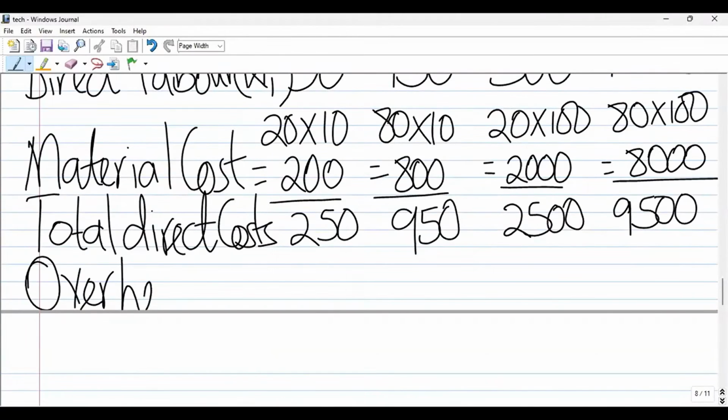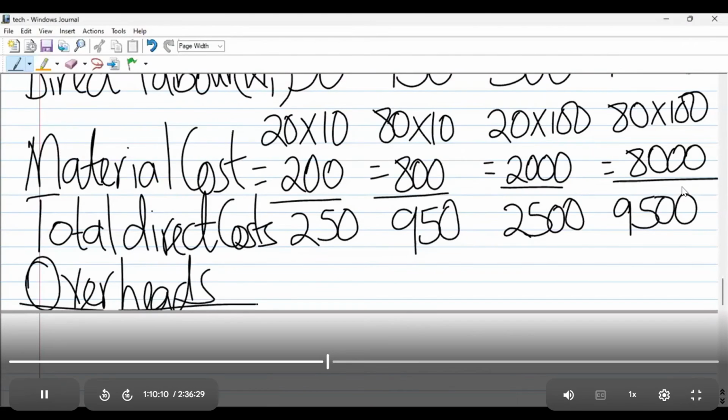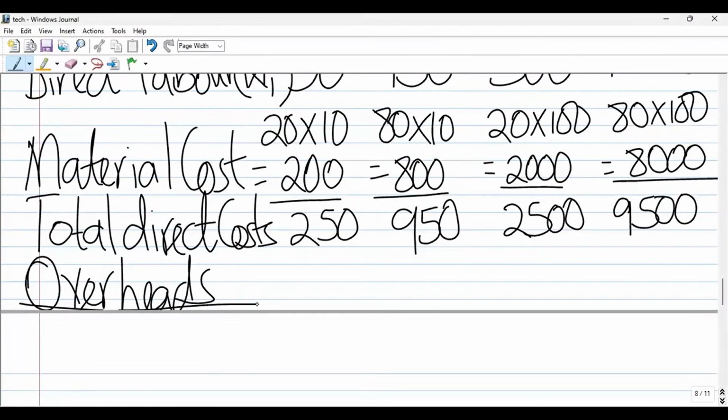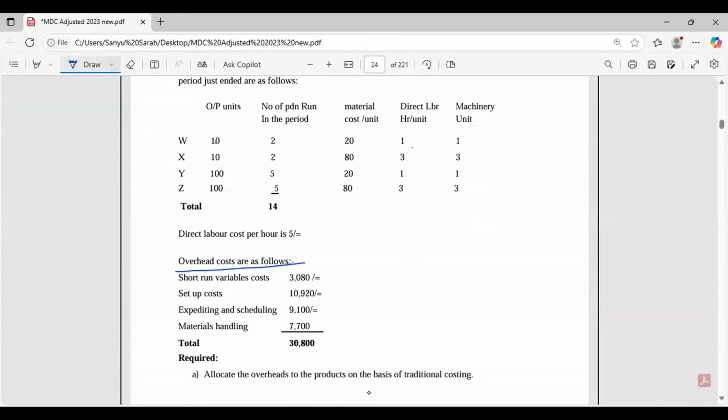So we go and see the overheads. The examiner told us that overhead costs are as follows: short-run variable costs, setup costs, expediting and scheduling, materials handling, to give us a total of 30,800.